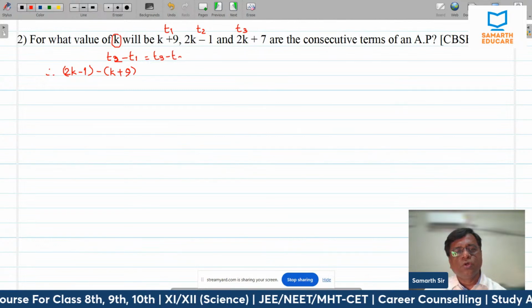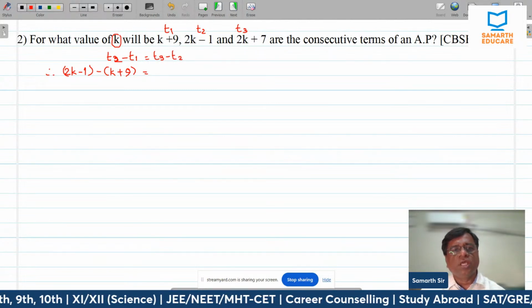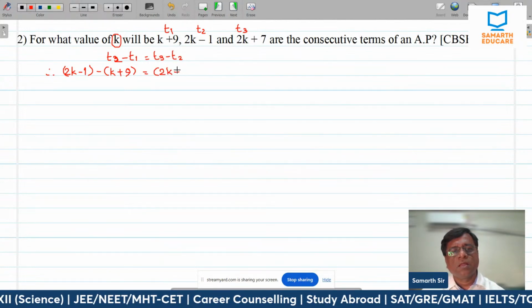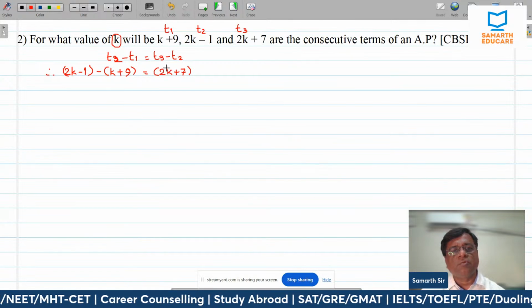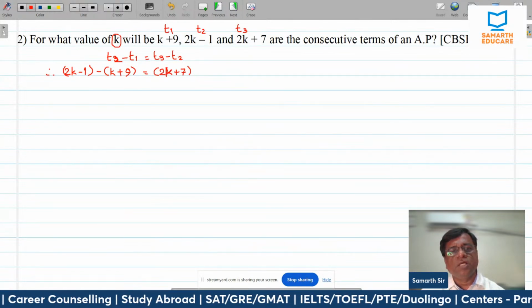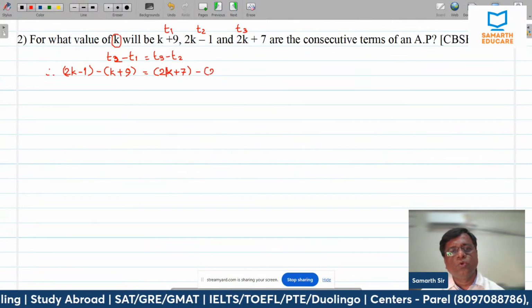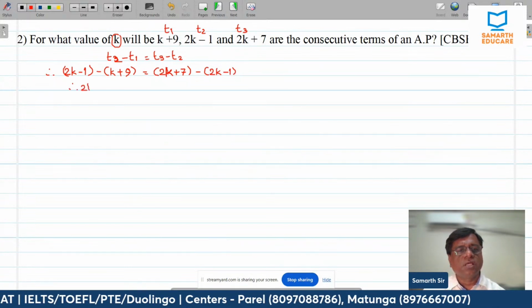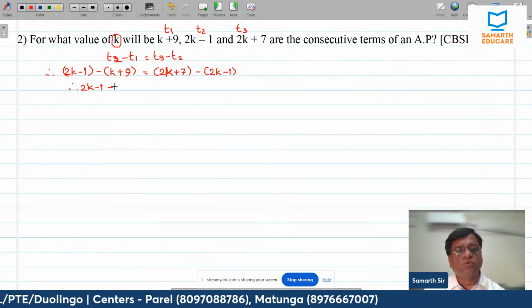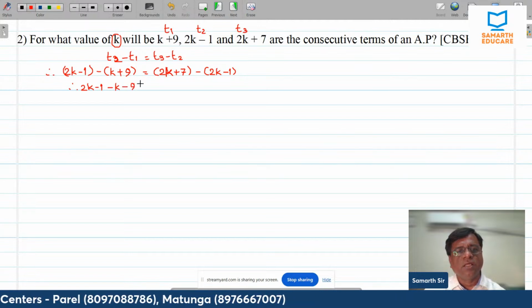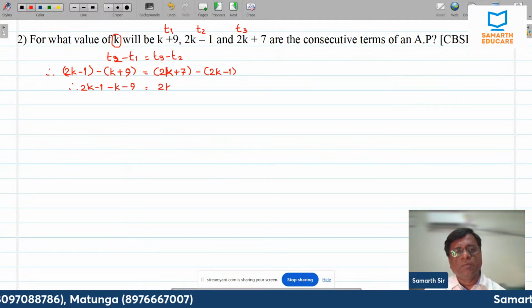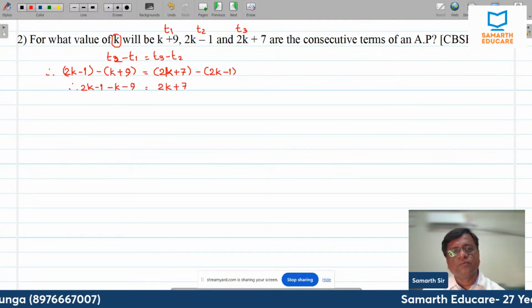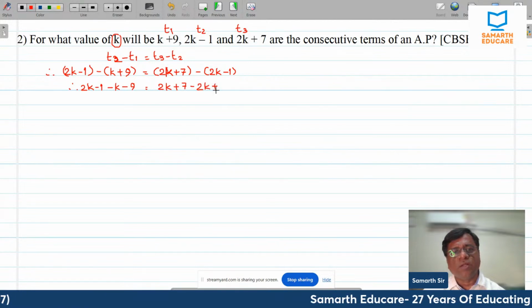So this is equal to 2k plus 7 minus 2k minus 1. Let me expand this, open the brackets. 2k minus 1 minus k minus 9 is equal to 2k plus 7 minus 2k plus 1.